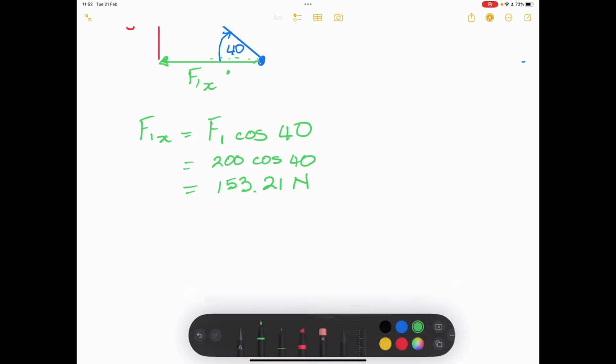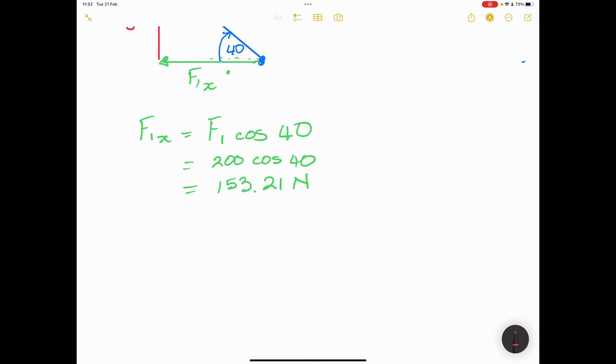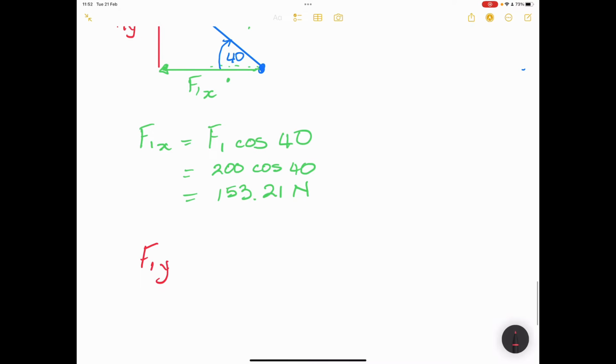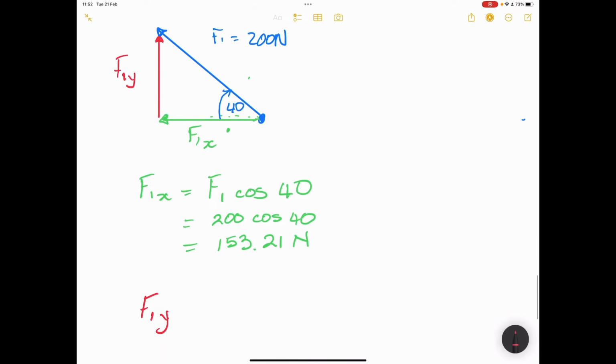And in this case, we're looking for, again, the vertical dimension, meaning the equivalent of that force in the vertical. So that's F1y, the one in red. Let me write it there. F1y, the vertical dimension, is simply going to be F1 sine of the angle of elevation, that's 40 degrees.